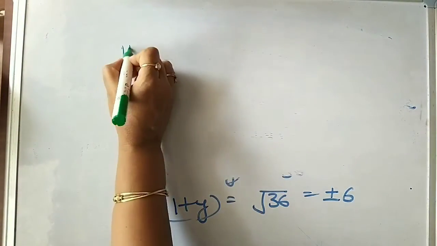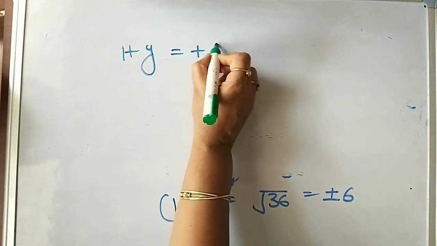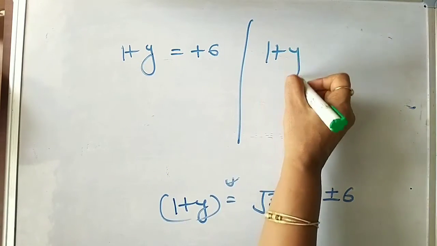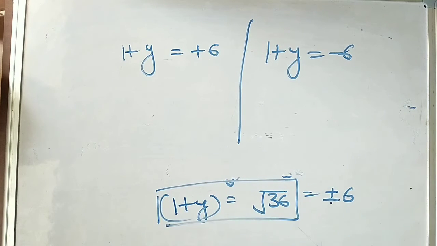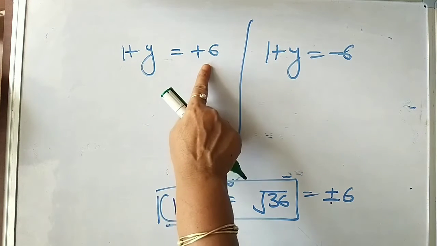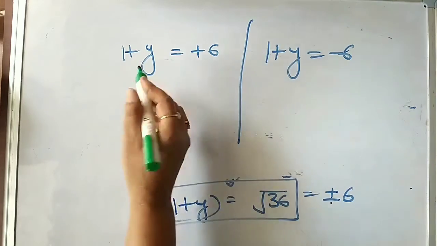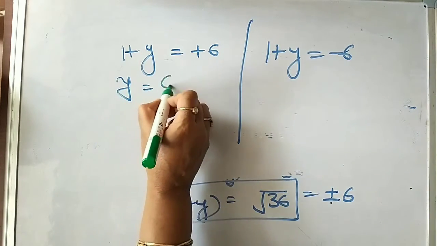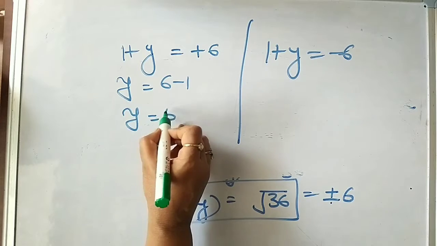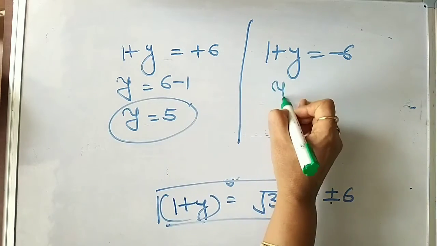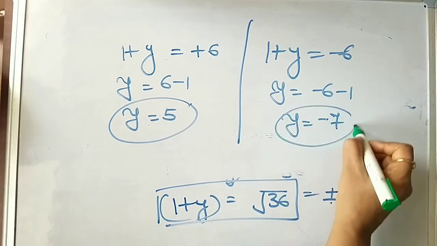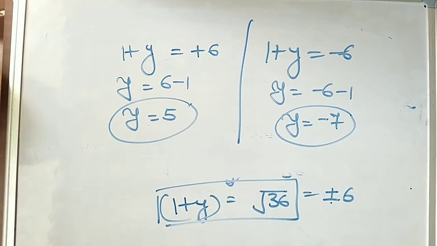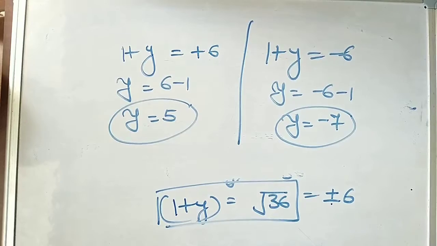So 1 plus y may be plus 6 or 1 plus y may be minus 6, because I am getting 1 plus y is root 36, which is plus minus 6. If this is true, y is 6 minus 1, so y is 5. If this is true, then y is minus 6 minus 1, y is minus 7. So these are the possible values.